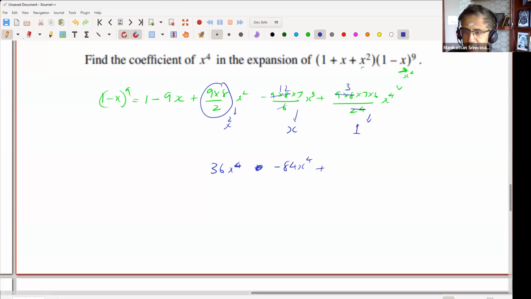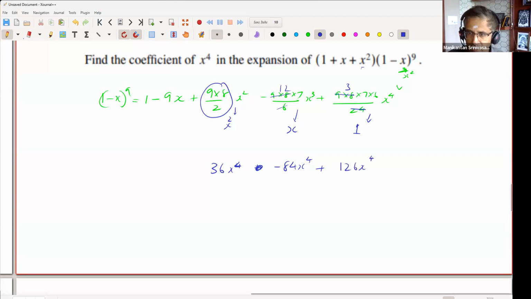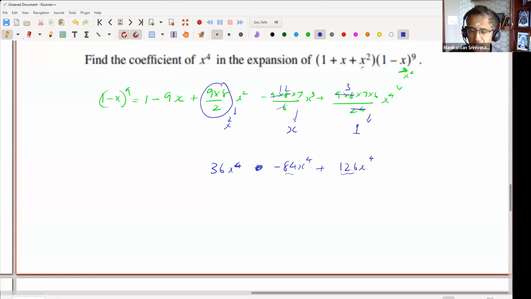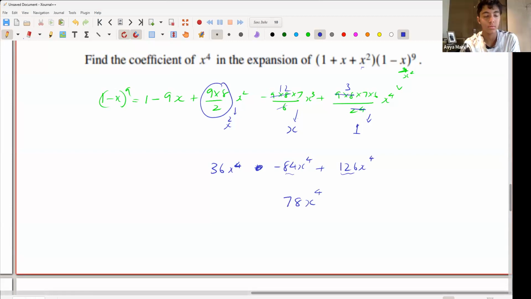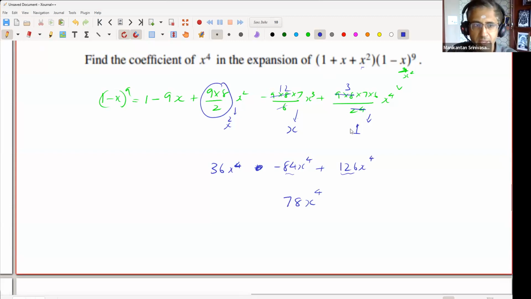So 21 times 6, which is 126. 126 x power 4 here. So we just have to add all of them. How much is this? 126 minus 84 is 42, I believe. Therefore, it's 78 x power 4, unless I did some mistake. Same answer. Avya, did you get 78 as well? Yes, sir. Okay, cool. So essentially, the trick is just to separate into 3 different parts.